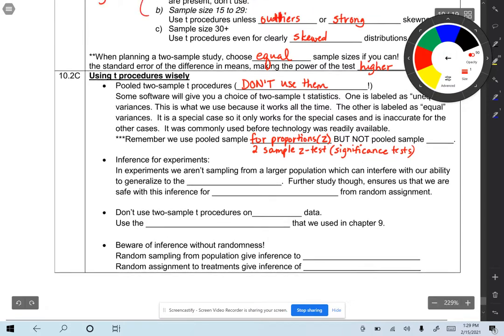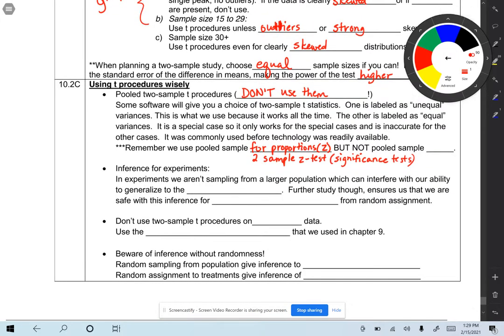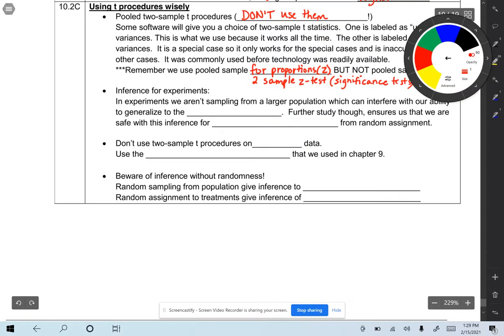Some software will give you a choice of two-sample t-statistics. One is labeled as unequal variances. This is what we use because it works all the time. The other is labeled as equal variances. It is a special case, so it only works for the special cases and is inaccurate for the other cases. It was commonly used before technology was readily available. So just use pooled samples for proportions, but not pooled samples for means, where t is involved.